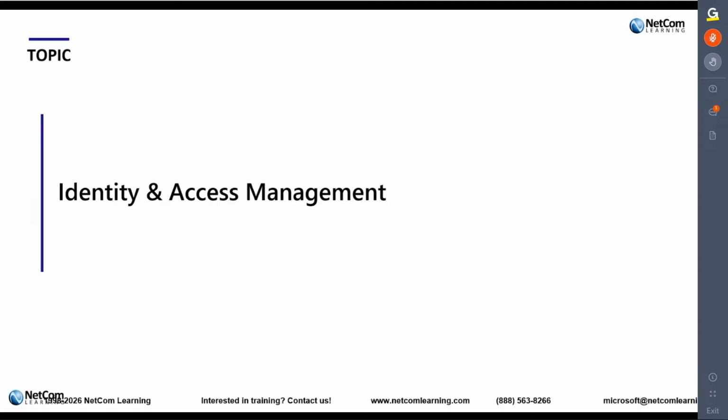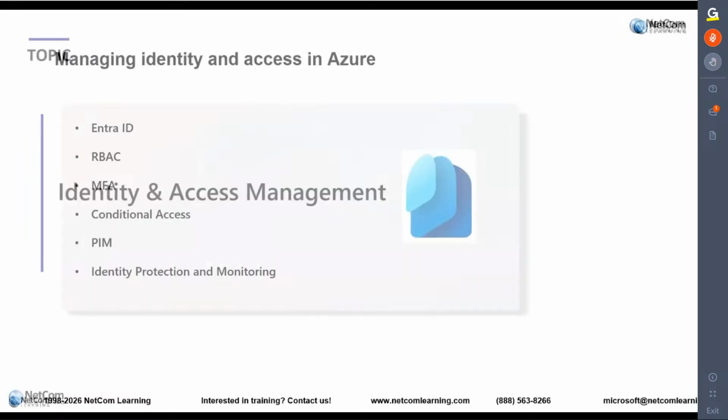But if an attacker simply knows your password and you don't have MFA configured, then game over anyway. So secure identity is one of the cornerstones of our security architecture. So we start from identity and access management.